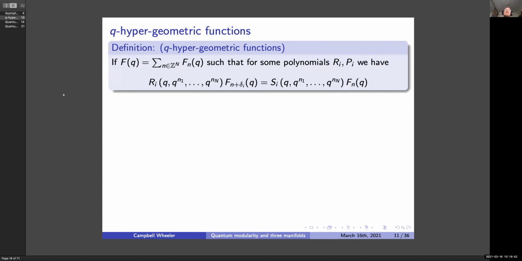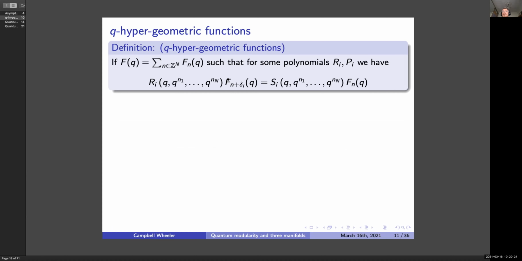Okay, so a q-hypergeometric function. We can think of q here as some sort of formal variable at the moment, or, as I'll talk about in the next slide, you may want to think of it as a point in the unit disk, or as a root of unity, but regardless, q is some variable. So f of q is q-hypergeometric if it can be written as a sum over a lattice of some other function, f_n of q, and it satisfies some recursions between the different summands as we change n.